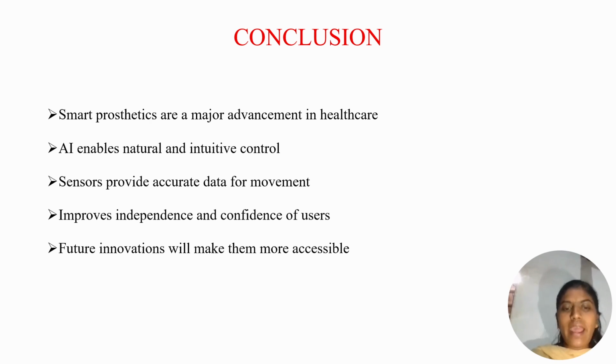AI enables natural and intuitive control. Sensors provide accurate data for movement, improving the independence and confidence of users. Future innovation will make them accessible. Future innovation will make them accessible so that every normal person can also access these advanced materials.